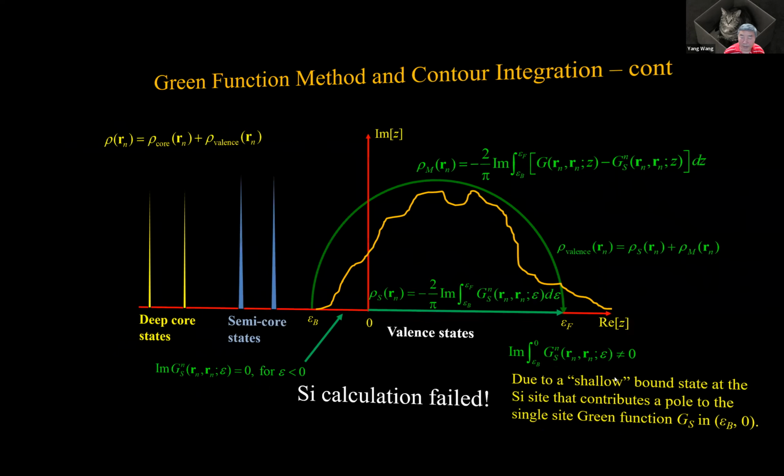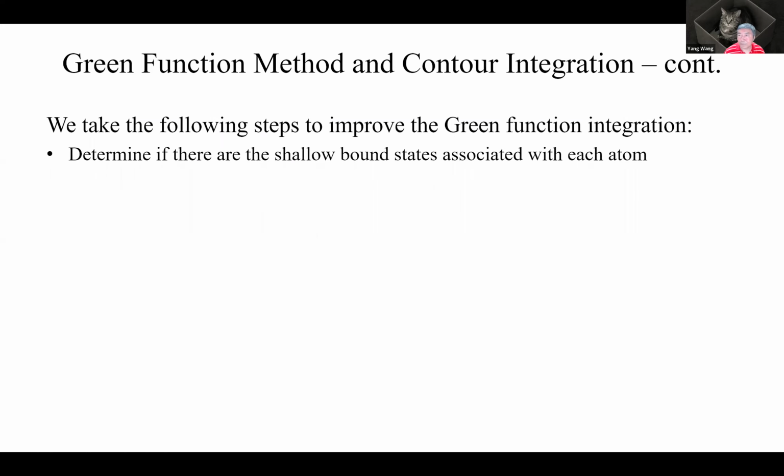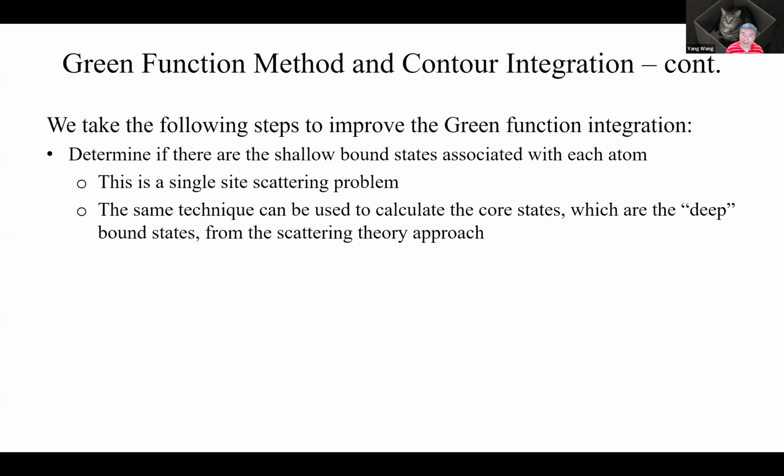All right. Our approach takes the following steps to improve this Green function integration technique. First of all, we have to determine if there are any shallow bound states associated with each atom. If this is purely a single scattering problem, the same technique can be used. I talked about this for the core states. When we use a Green function approach, we always try to figure out if there's a bound state, and we use the Green function to do that.